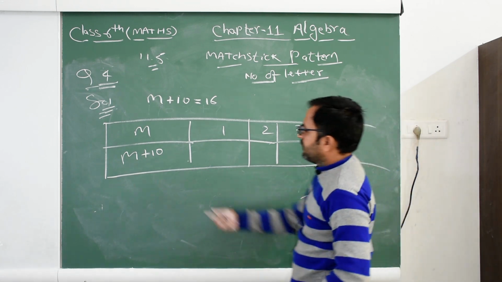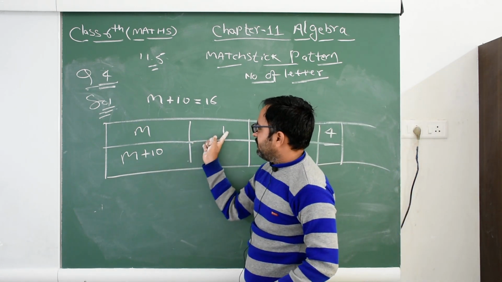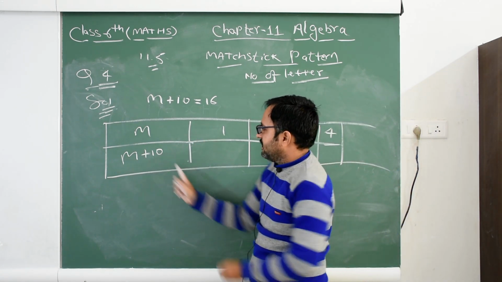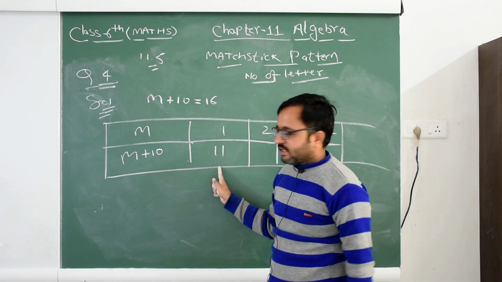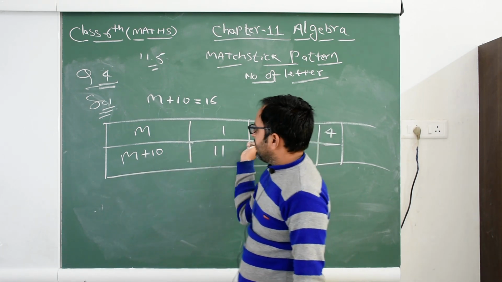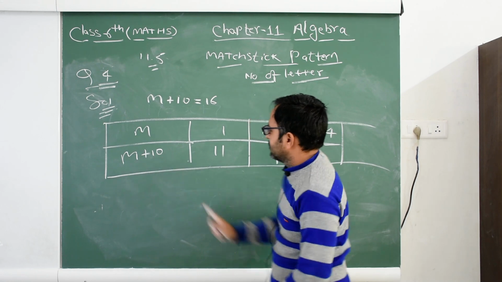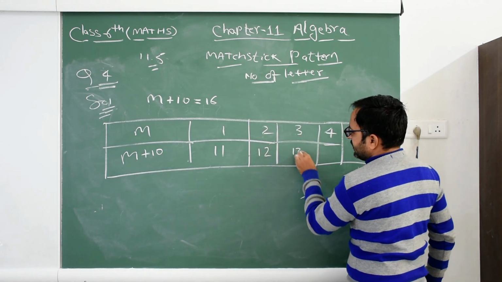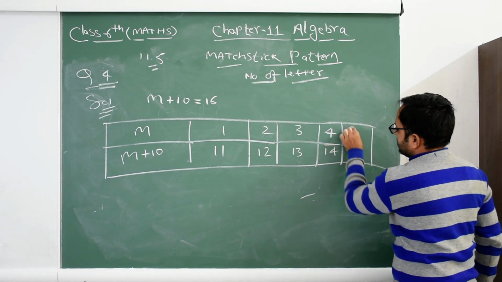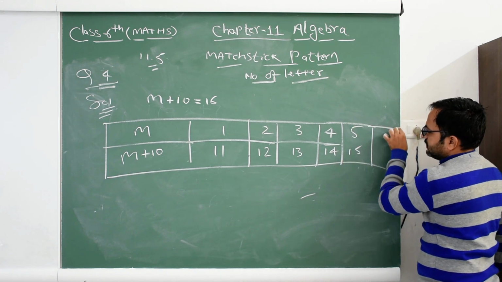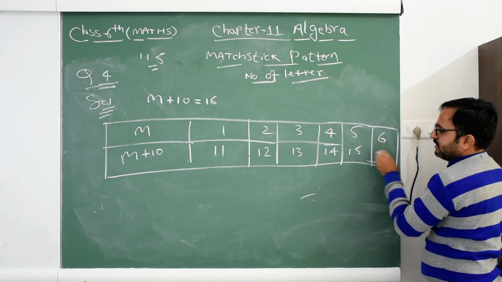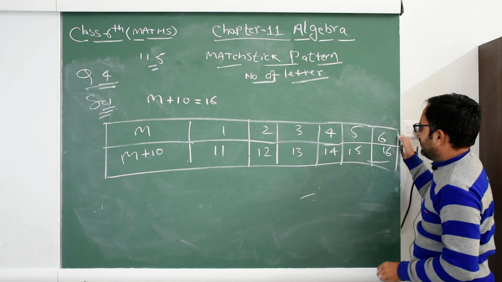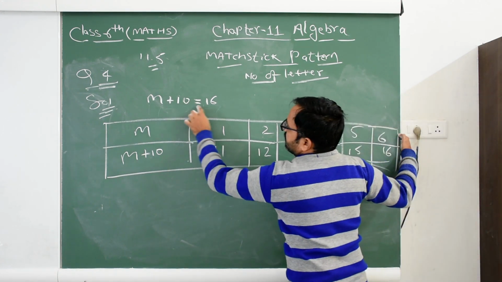Now we put m equal to 1, that means 1 plus 10, 11. Now we put the value 2, 2 plus 10, 12. Here 13, 14, same as 5, 15, and if we put m equal to 6, we get 16. So m plus 10 equal to 16.